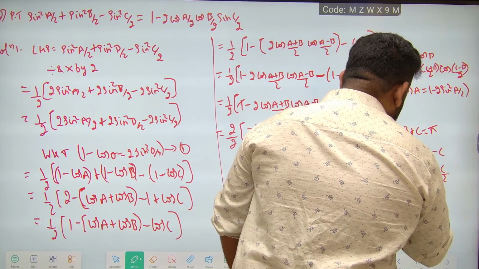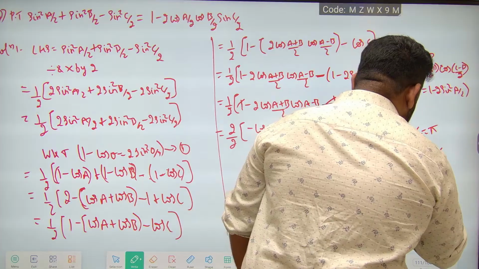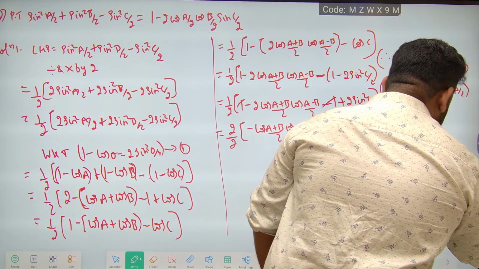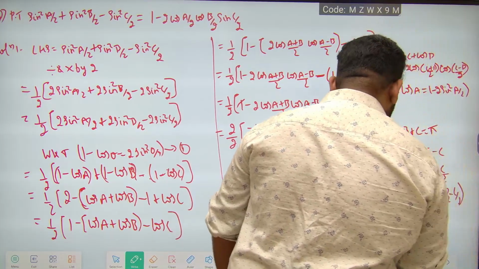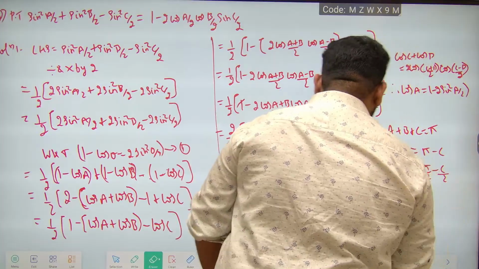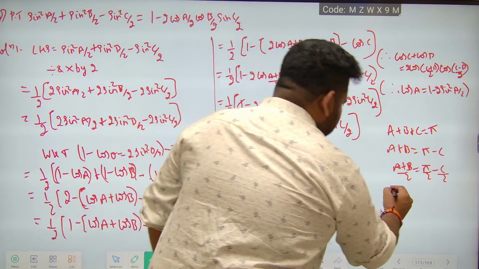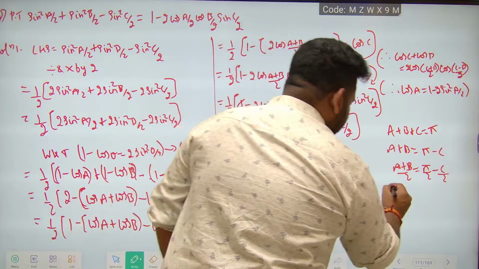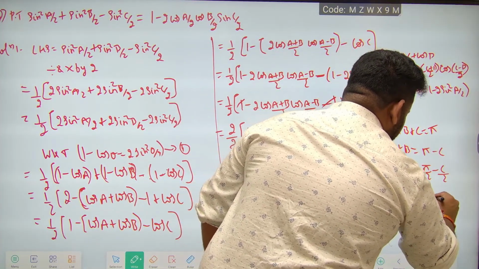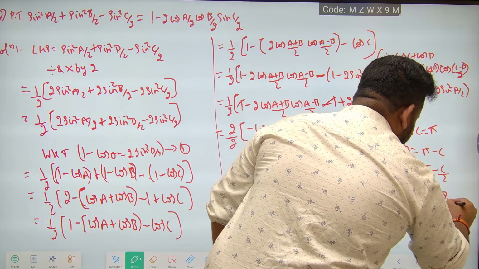So sin of (a plus b)/2 is equal to sin of pi by 2 minus c by 2. Here cos is there, so let us apply cos. Cos of (a plus b)/2 is equal to cos of pi by 2 minus c by 2.